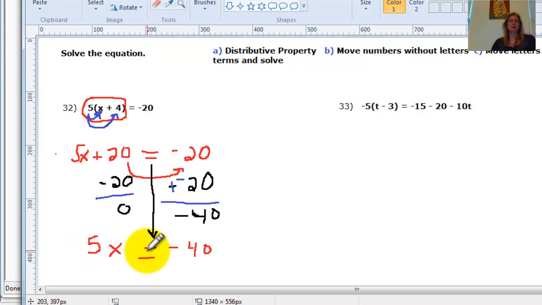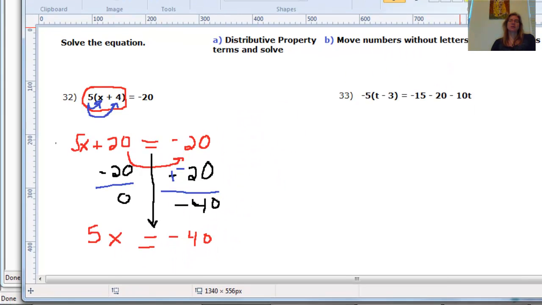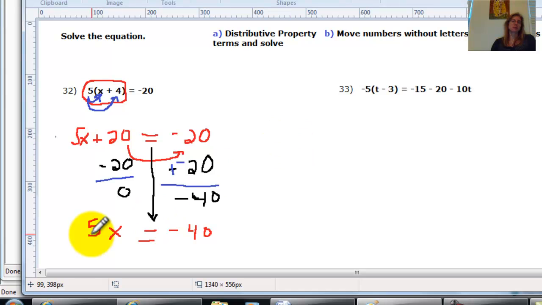equal to negative 40. So then you're going to divide, because 5 is multiplied times the x, and you want to get that away from the x, leave the x by itself, so you divide 5 on both sides of the equation, like that.